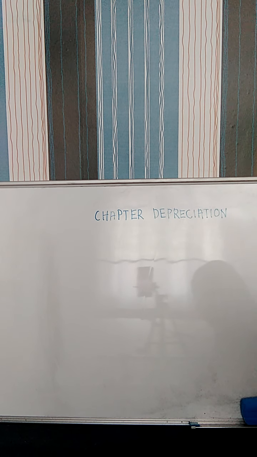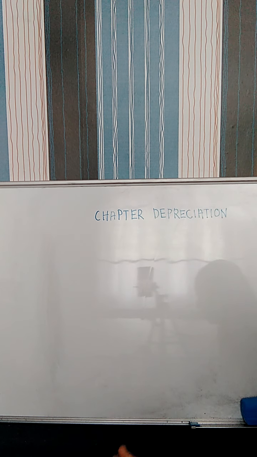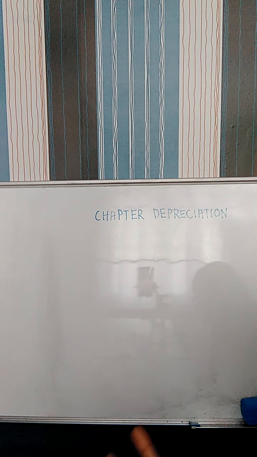Next term is annual depreciation. Annual depreciation is the amount of depreciation in a year. Means if you have 5 years, you have annual depreciation for year 1, year 2, year 3, year 4, and year 5. This is the annual depreciation.